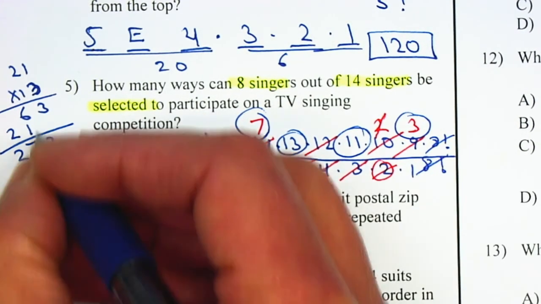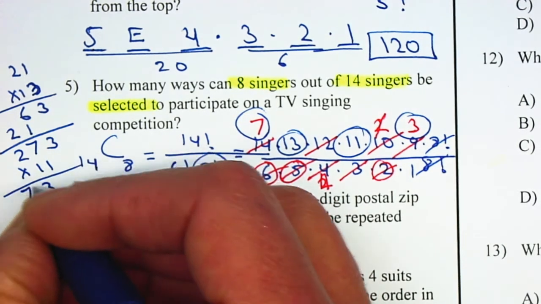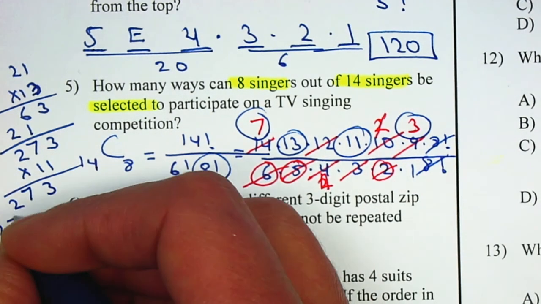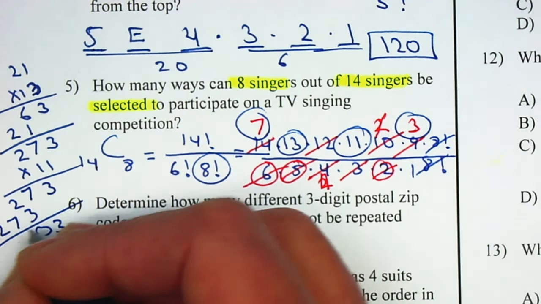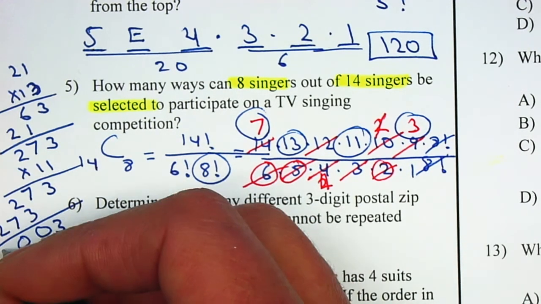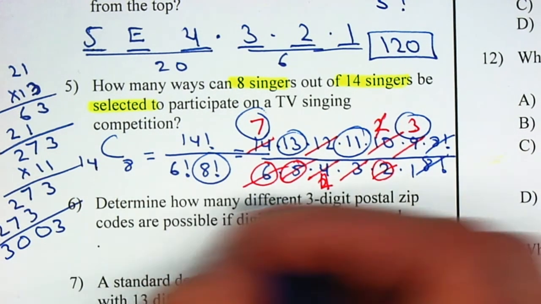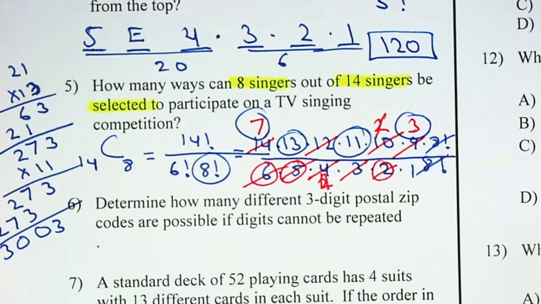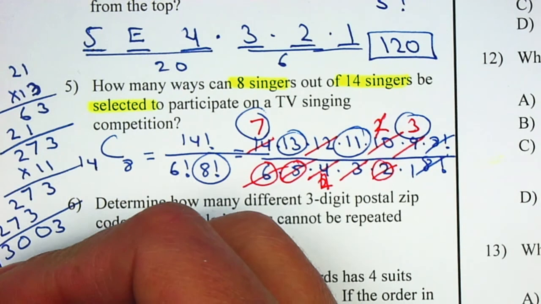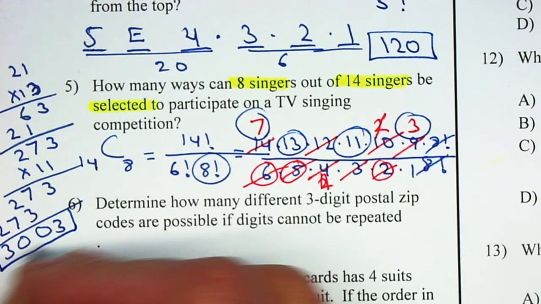Times 11. So it gives me 3, 7, 2, 2, 7, 3. That's 3, that's 10, that's 10, that's 2. So there's a total of 3,003 ways. Now let's continue with the next problem. So in this case, the answer for number 5 was 3,003.